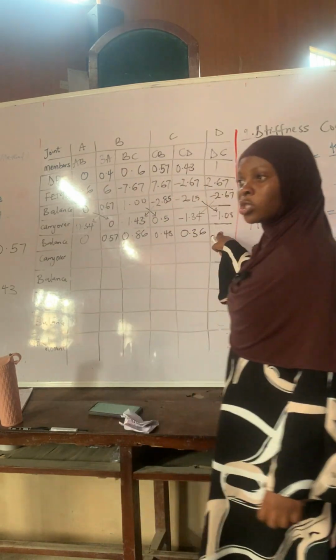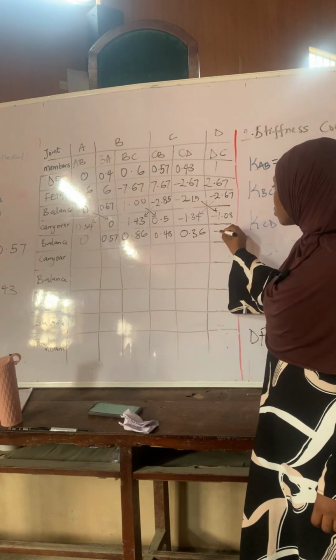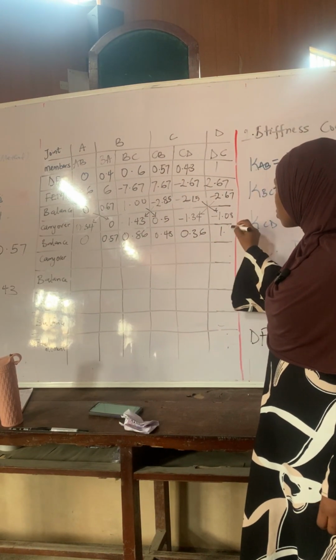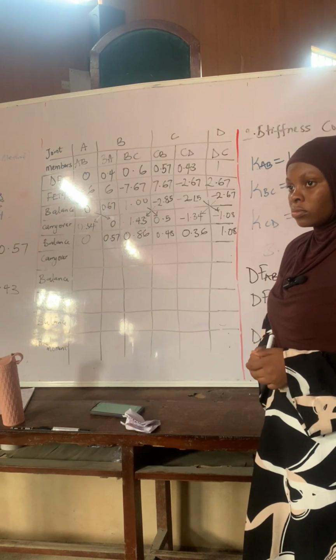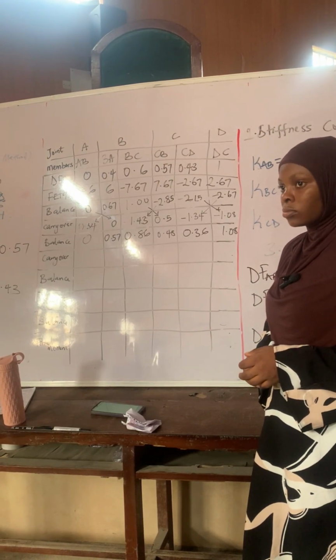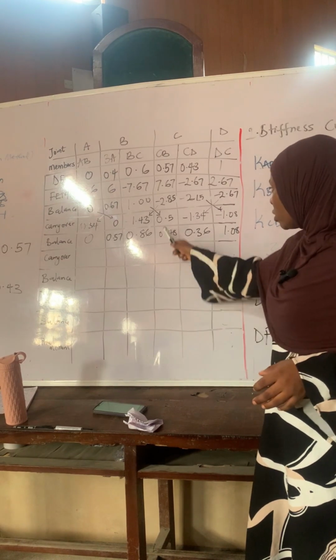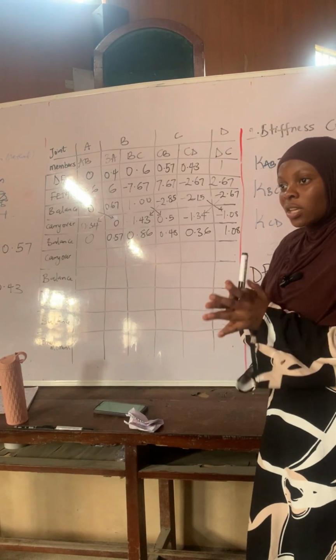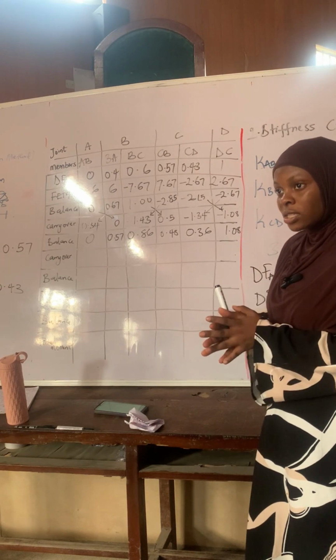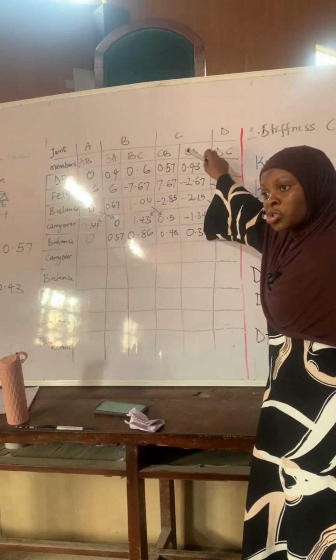So you are going to have what? No, you meant 0.5 minus 1.34. Any answer you get, either positive or negative, you multiply it by your distribution factor.